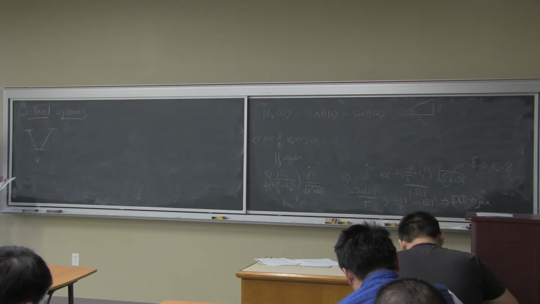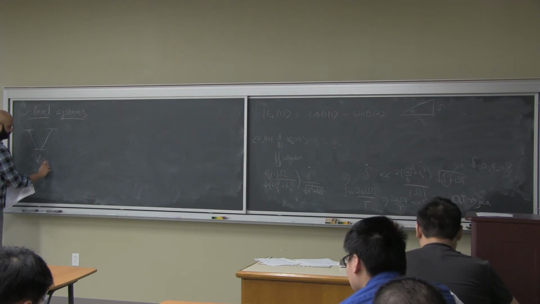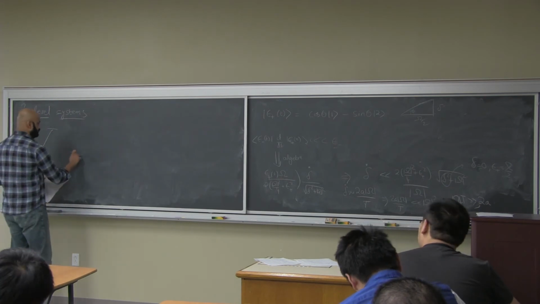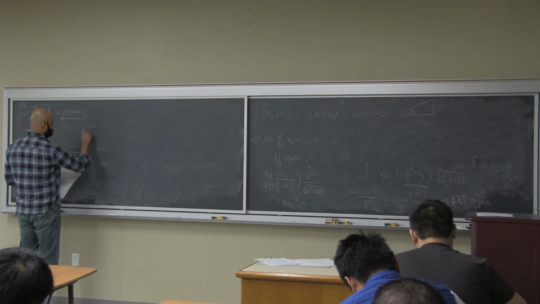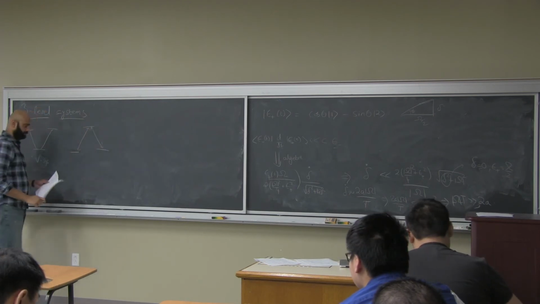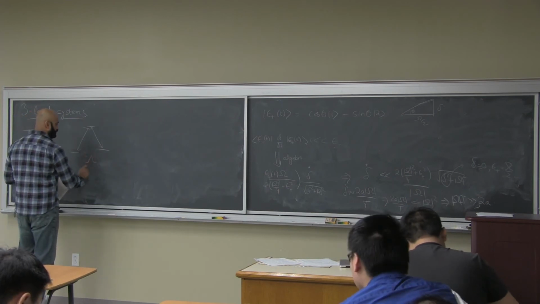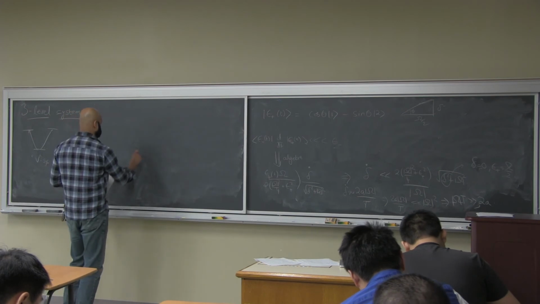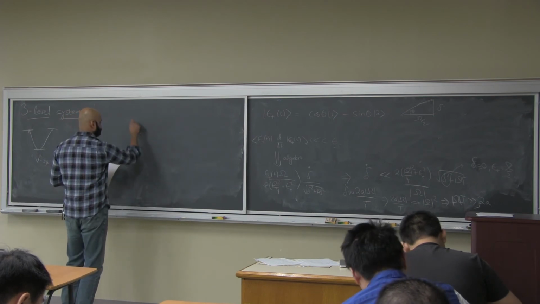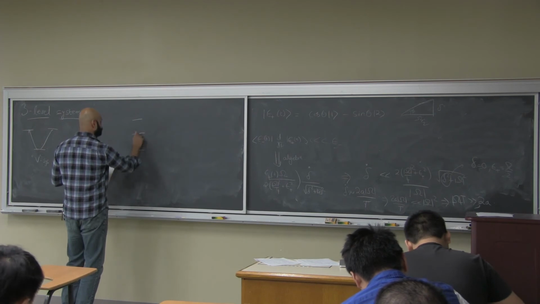So this is the V system. Then there is the lambda system. This is connected again by 2 laser fields. So this is lambda, because it looks like a lambda. And then there is the ladder system, or cascade, as it is called.